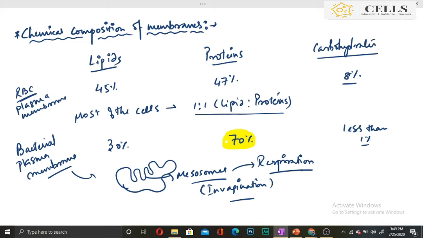All the membrane-bound enzymes are proteins. For that purpose, the bacterial membrane also consists of a higher amount of proteins and transporters.